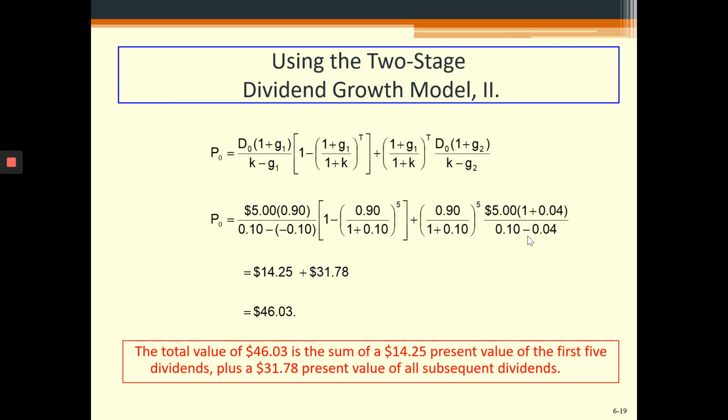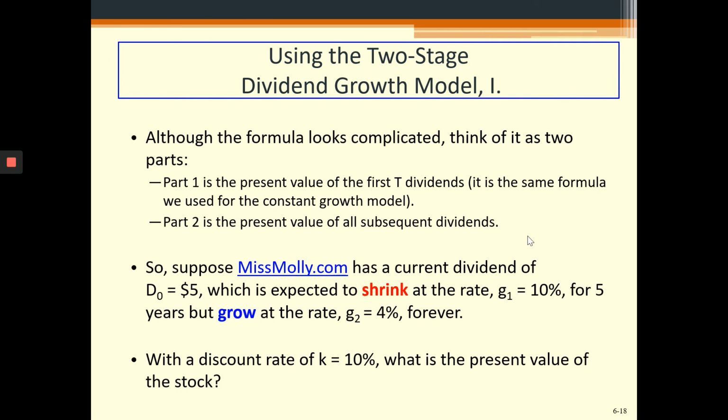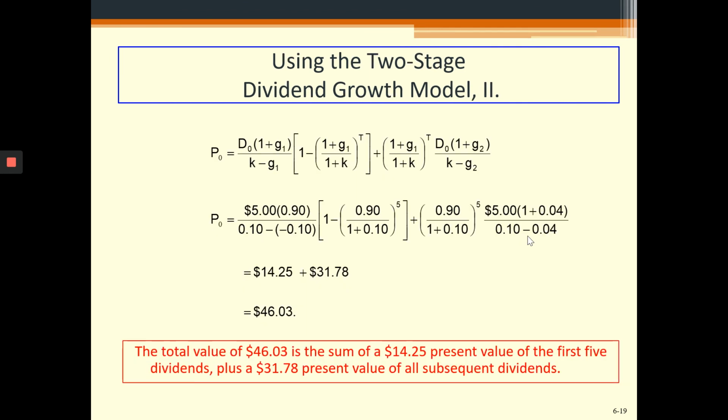So after T years, which means in year T plus 1, T plus 2, T plus 3, forever, whatever dividend they receive, they are increasing perpetually at the 4% rate, and the present value of them will come from this second term.